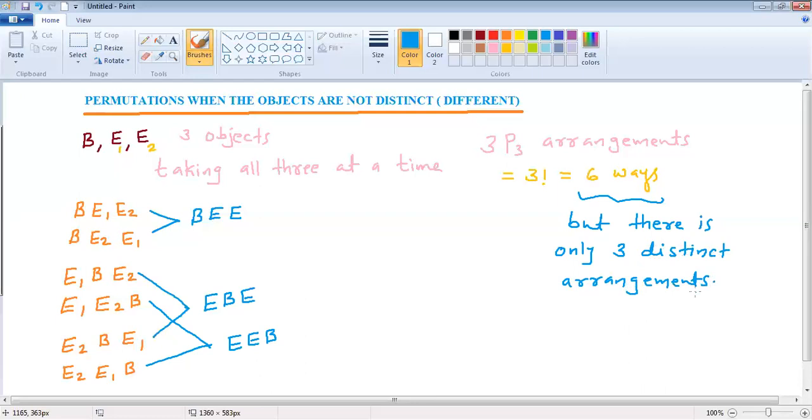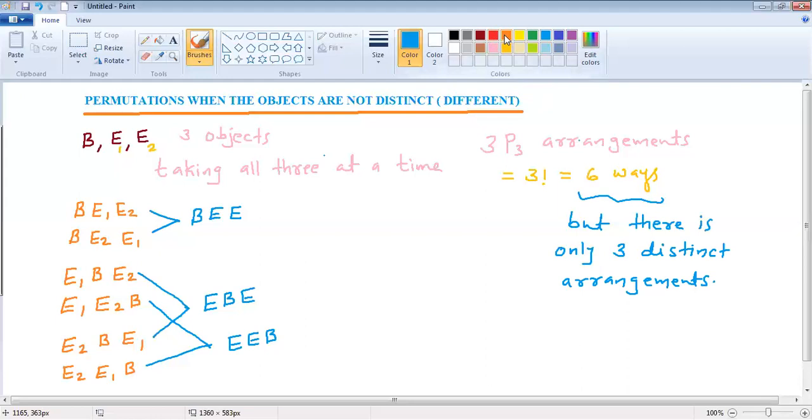So here the problem is, when the objects are repeating, some of the arrangements will be the same. Out of 6 arrangements, 3 are repeating. So there are only 3 different arrangements. So when the objects are repeating, the number of distinct arrangements will vary. So there is a formula to find the answer.